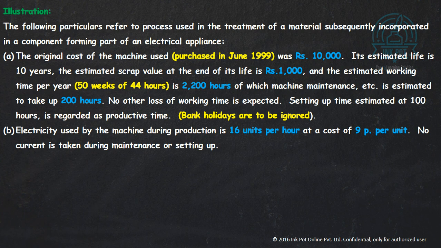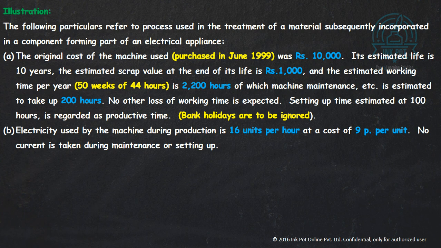In this example, we are given the following particulars relating to the process used in the treatment of material subsequently incorporated in a component forming part of electrical appliances. The original cost of the machine used was rupees 10,000.